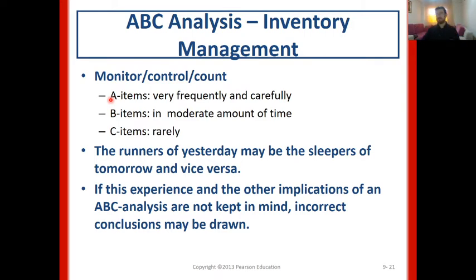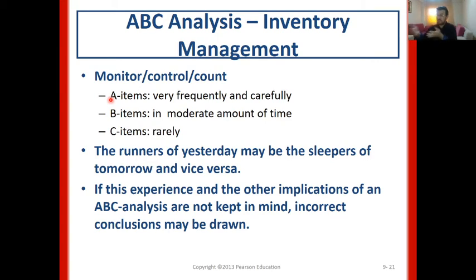We should also keep in mind that if you have seasonality in your business, say some products have very high demand in the first 6 months and very low demand in the last 6 months of a year, it means that those items are very active in the first 6 months, but then they are not very active in the next 6 months.